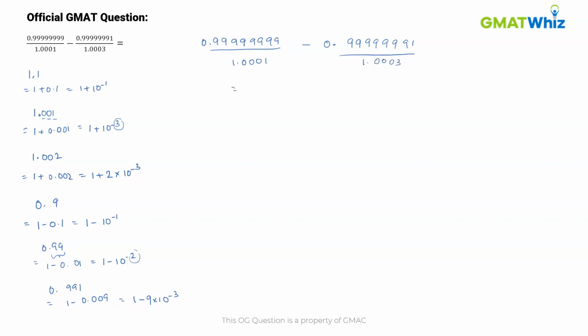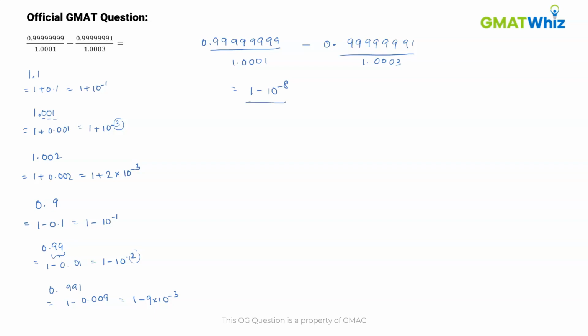Now, using this concept, we can write the numerator of the first term as 1 minus 10 to the power minus 8, since there are 8 digits after the decimal point. Hence, the power of 10 will be minus 8.